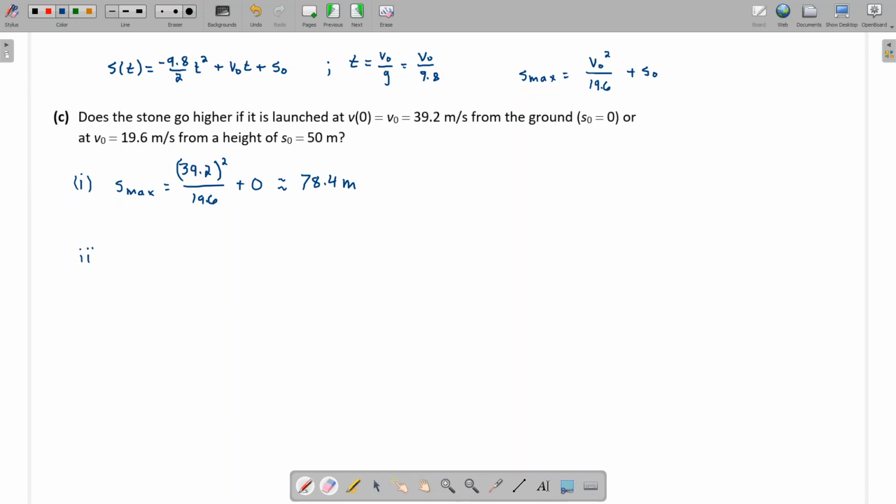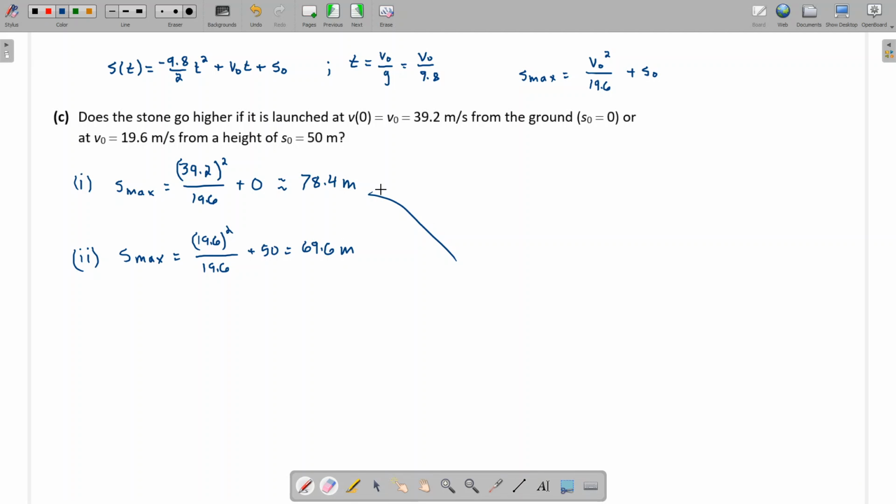And then for the second case, this one has an initial velocity of only 19.6 meters per second. Got to square that over again 19.6 plus 50. This one you can actually do fairly easily without any extra computation. One of those 19.6s is going to cancel, so you end up with 69.6 meters.